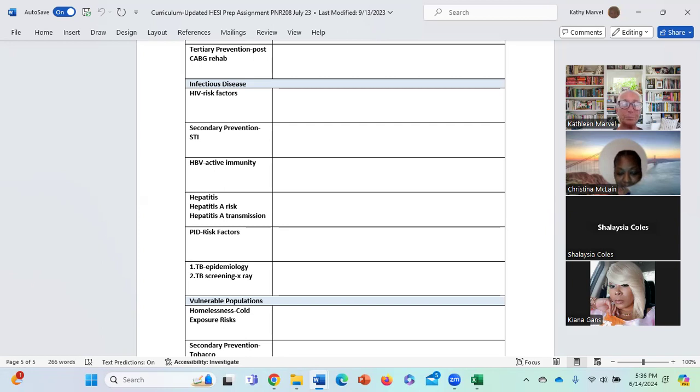Right? Couple things with infectious disease. The HIV risk factors. So again, I'm thinking maybe somebody's presenting, think about clinical judgment, with maybe signs and symptoms of something, and you're doing a screening and seeing if they might be at risk for HIV. Secondary prevention for STIs. What would be a secondary prevention for STIs? What is secondary?